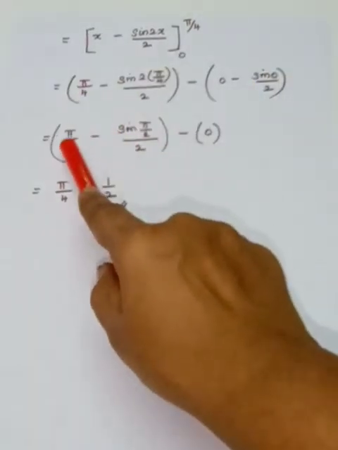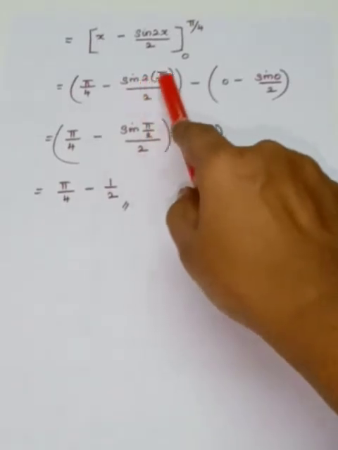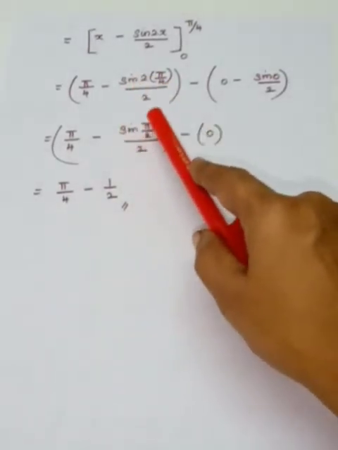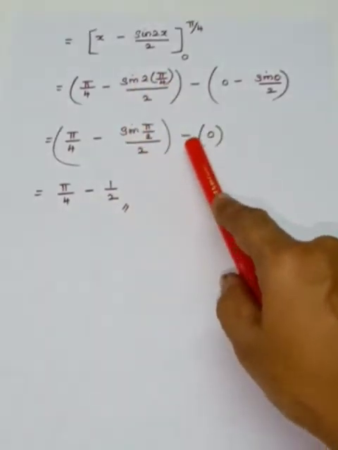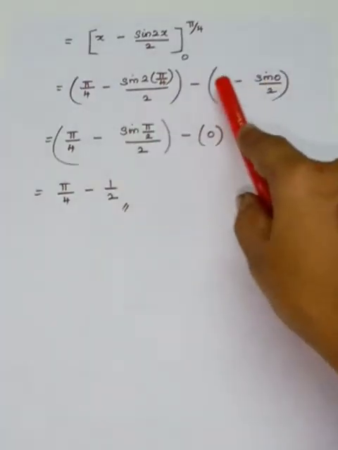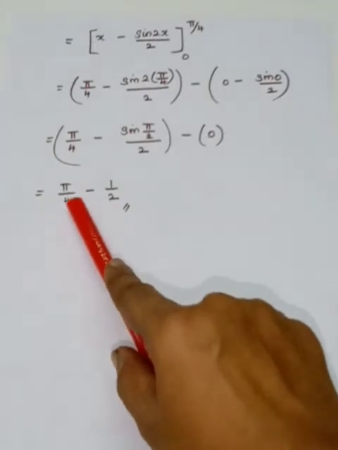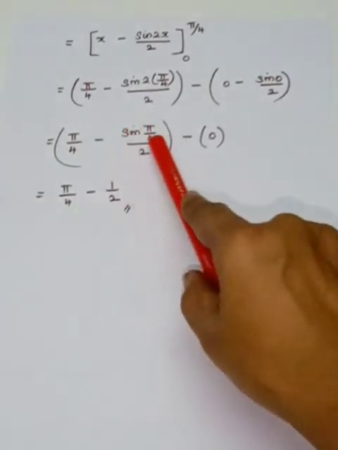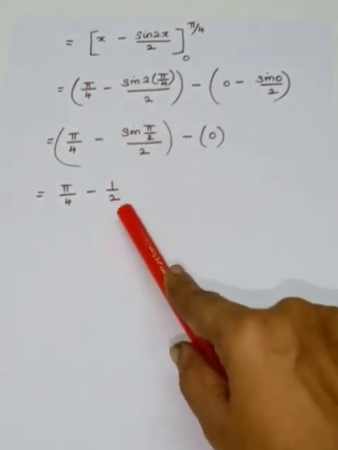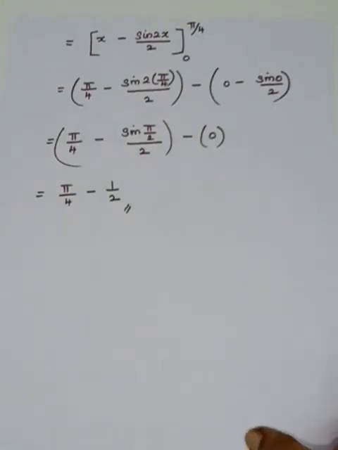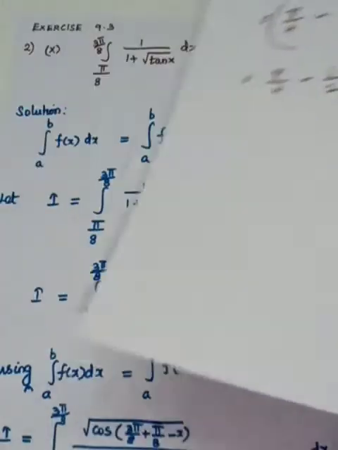In the first one, pi by 4 minus, the 2 and the 4 get cancelled, so it is sin pi by 2 divided by 2. Minus, here sin 0 is 0, so the lower limit is fully 0. Therefore your answer is pi by 4 minus, what is sine 90 degree? That is 1. So it is 1 by 2. So we have completed the third subdivision.